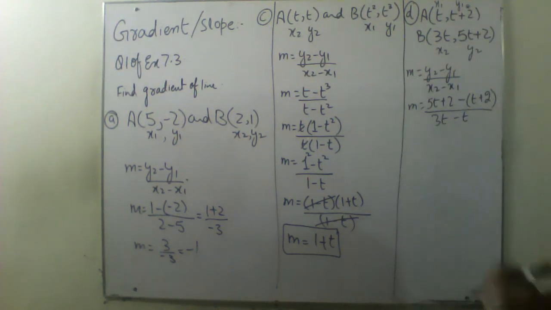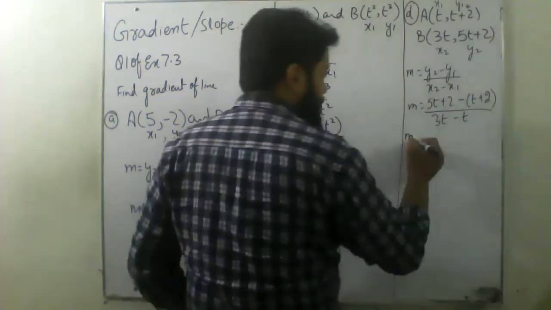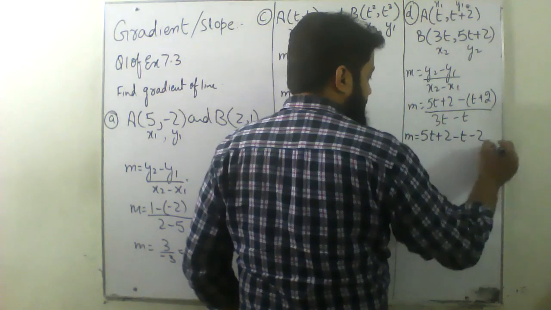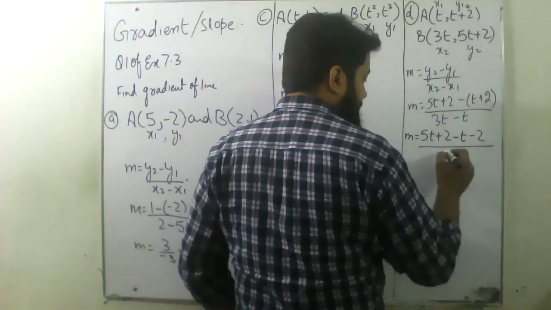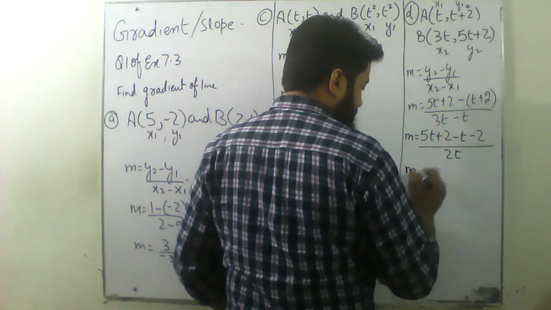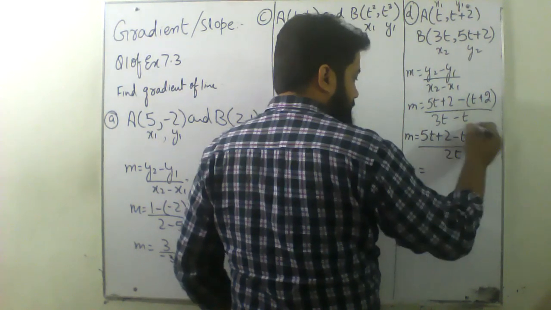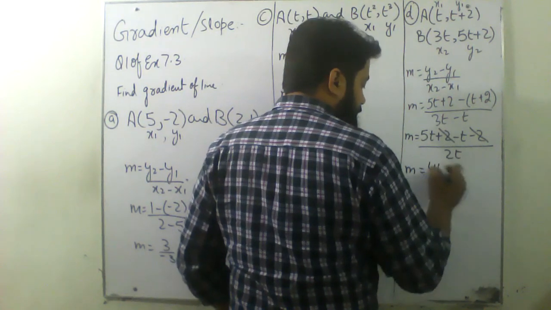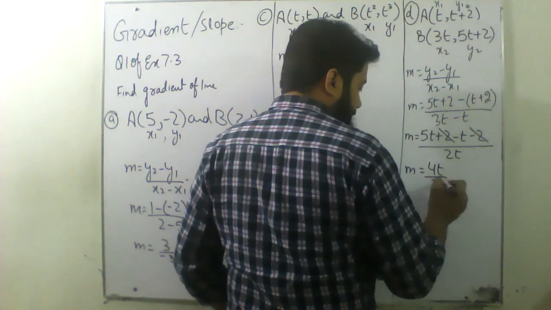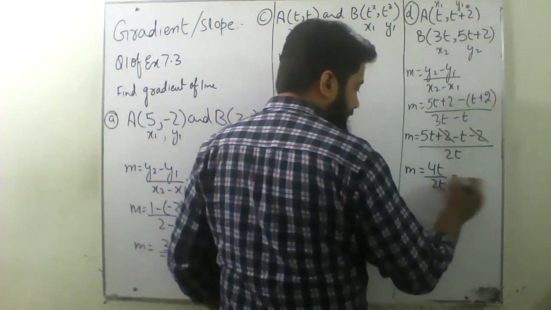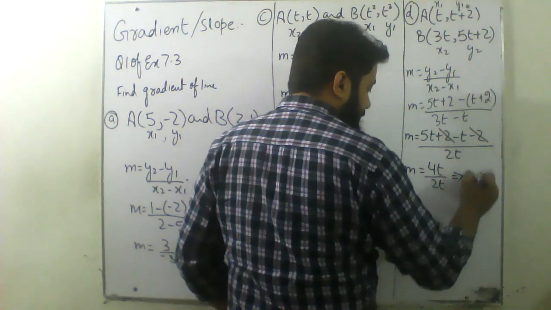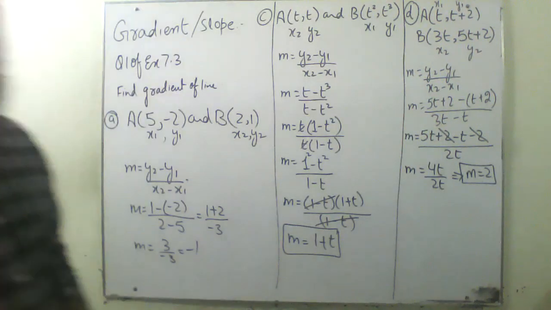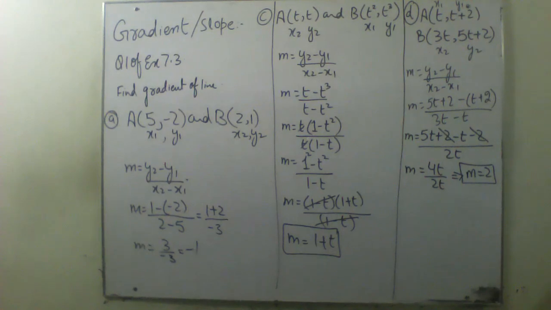Simplifying it, m equals 5t plus 2 minus t minus 2 over 3t minus t, which will be 2t. So the plus 2 minus 2 will be cancelled. 5t minus t will be 4t over 2t. And when I simplify it, the result is coming m equals 2 for this part.